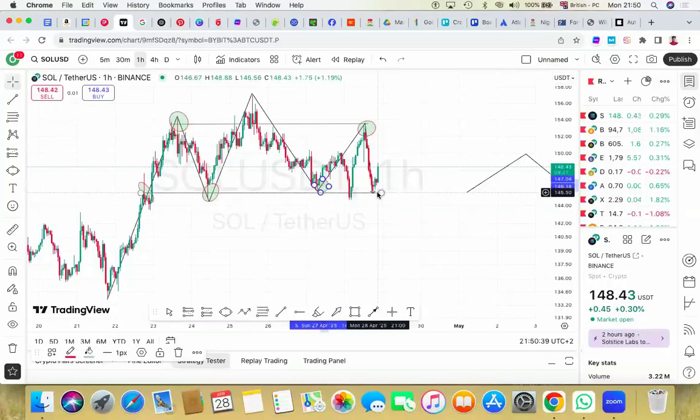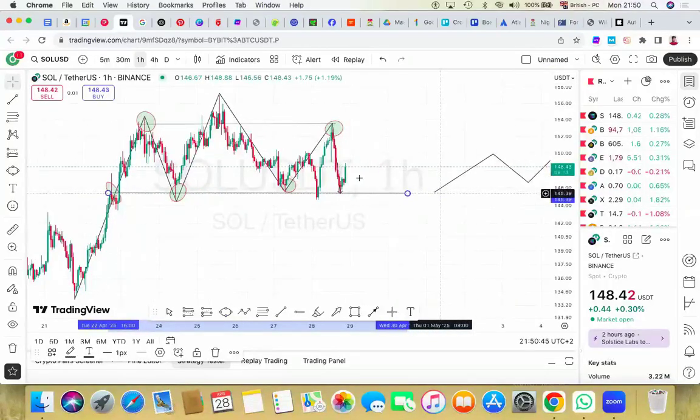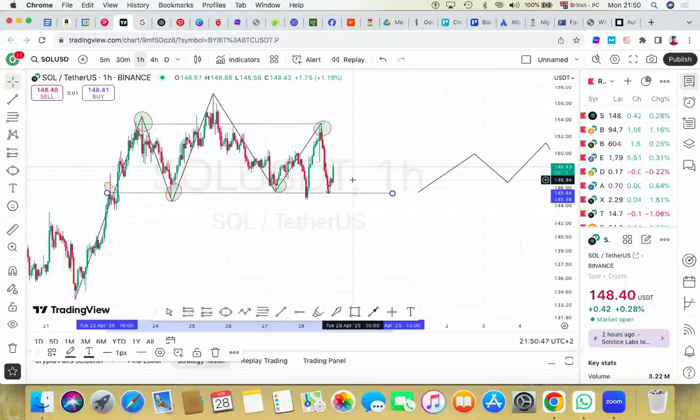So now, if you wanted to pick a trade here from a range, we actually told you not to trade a ranging market because you don't tend to make a whole lot of money. But since we're using RoyalQ, you can actually make a whole lot of money trading just this zone, right?